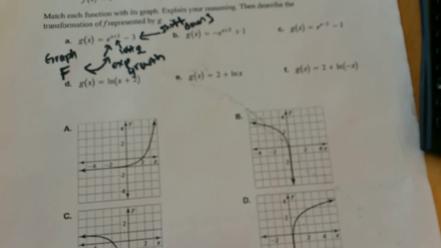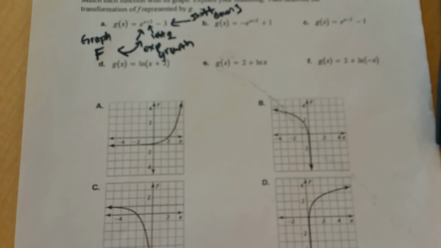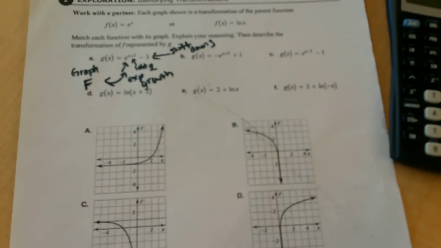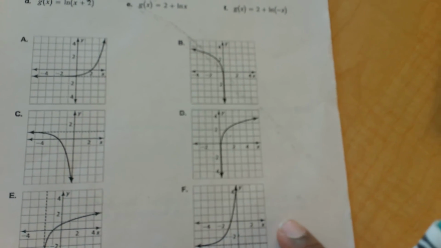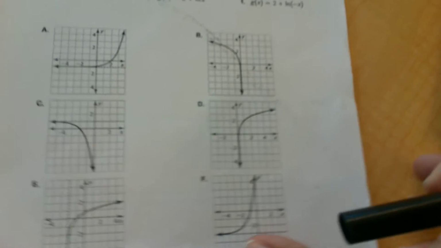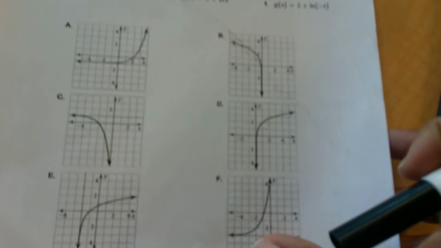Okay, I need you to do the exact same process for B through F, and then after you've completed that, you're going to turn it over, and you're going to be identifying the domain, range, and asymptote for each function. So if you take a look at what we found on graph F down here, we're going to notice that we can identify the domain, range, and asymptote.